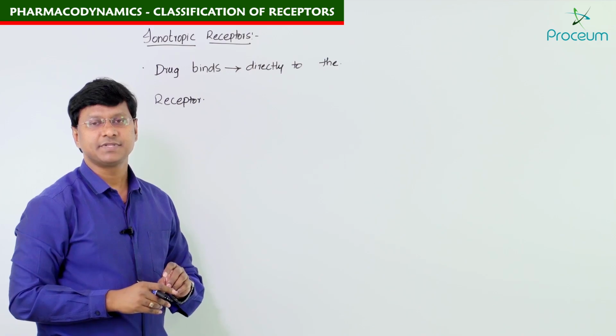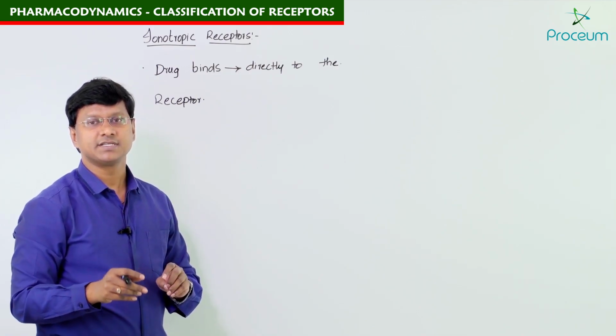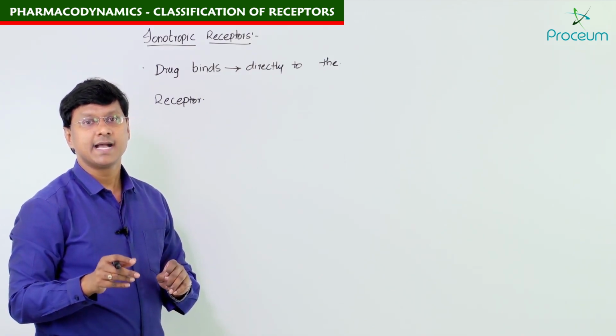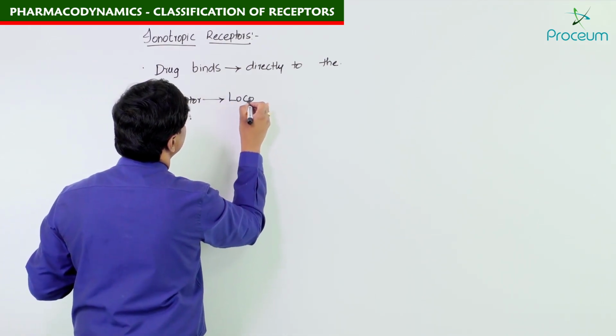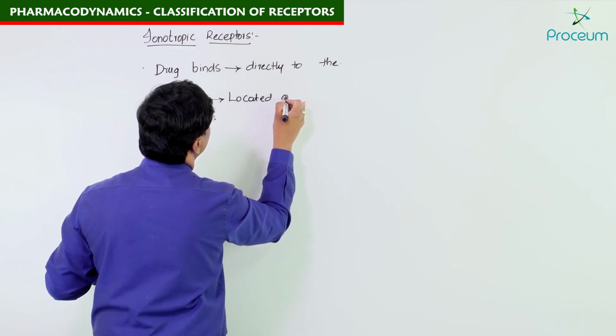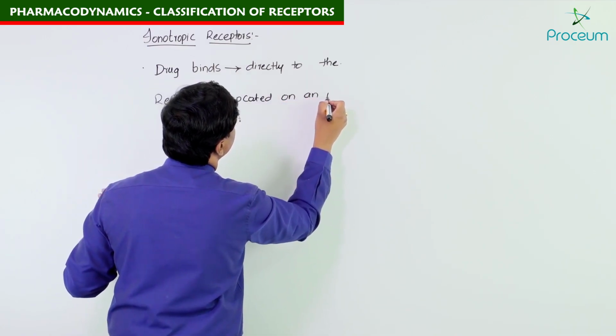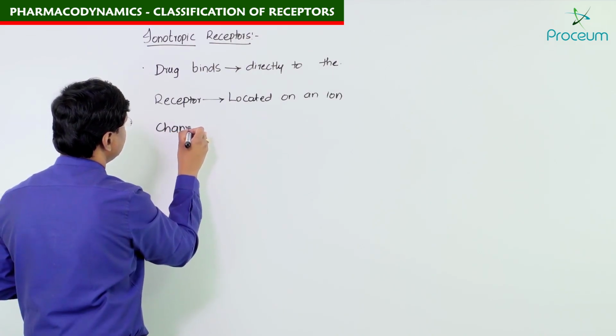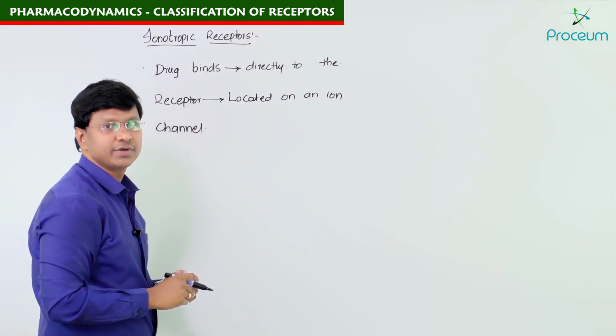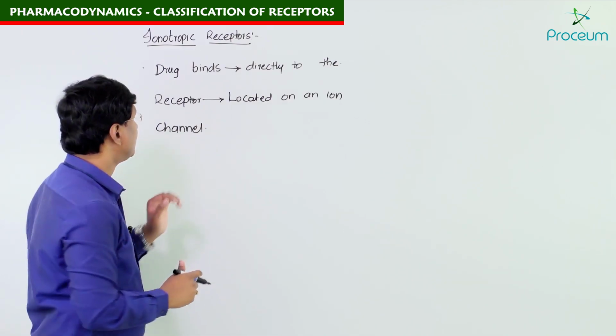Now where is this receptor located? Remember, this receptor is located on an ion channel.